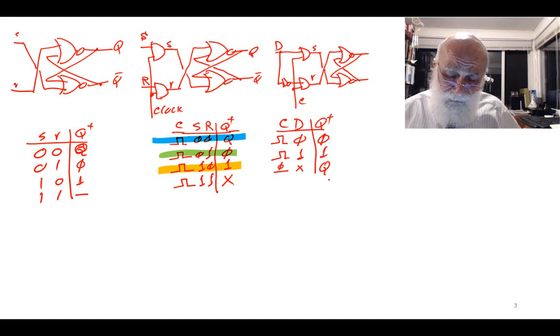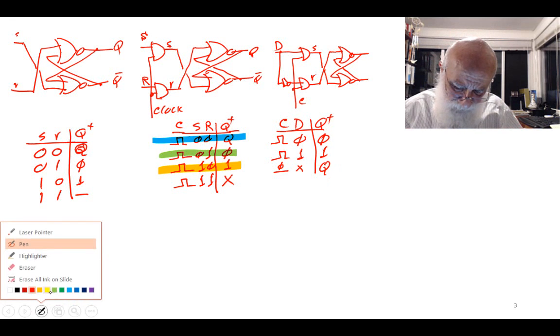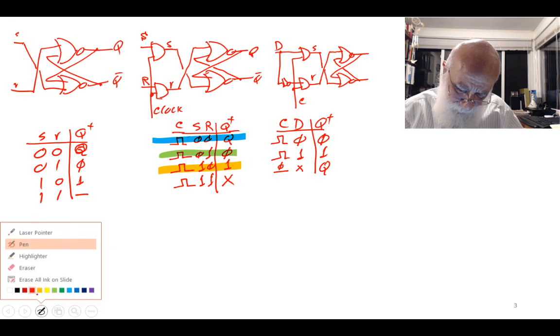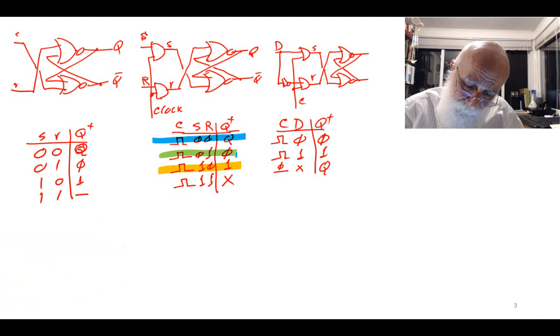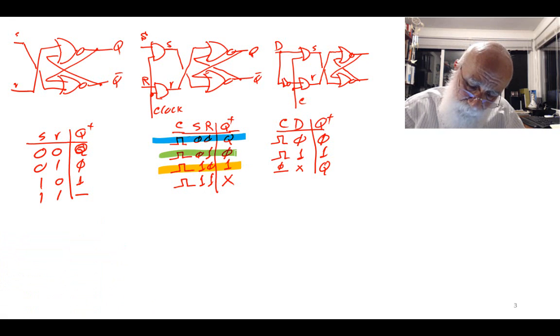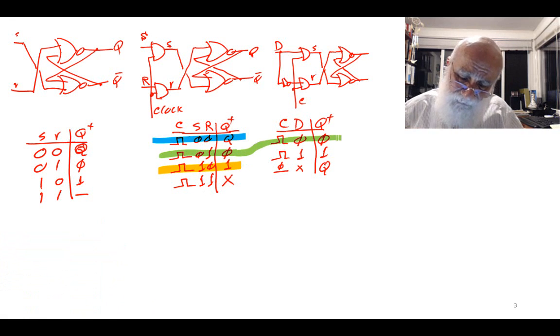Okay? And notice that the three situations I was showing here, the 0-1 is implemented by this.